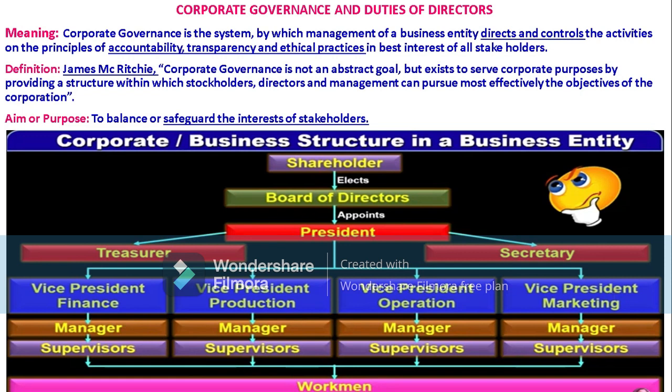Mainly, corporate governance means these directors play a very important role because they act as a trusteeship in the organization, which is nothing but they are the trustees to the property or welfare of the company.